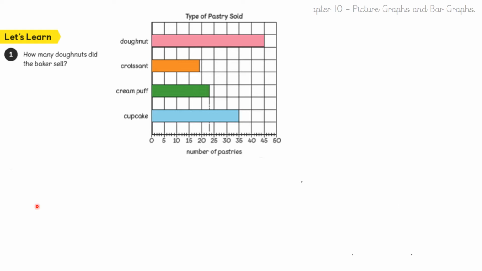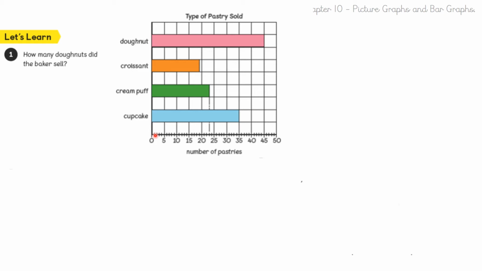First of all, I want to remind you that it's really important that we spend some time reading the scale. Okay, we need to make sure that we are counting properly. This time, as we said before, the scale is going up in 5s, but we can see that each of the small markings are going up in 1s.